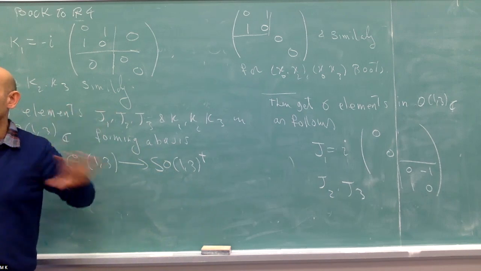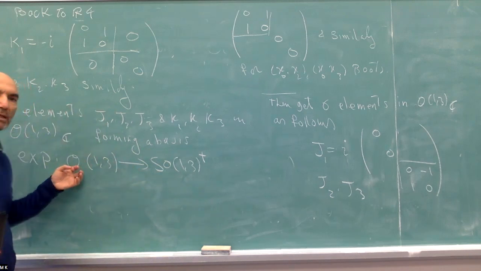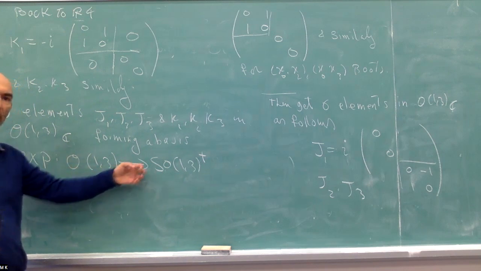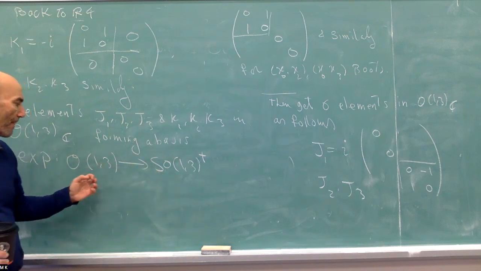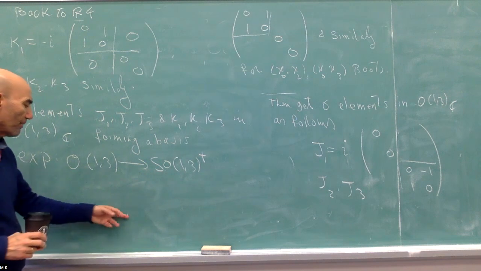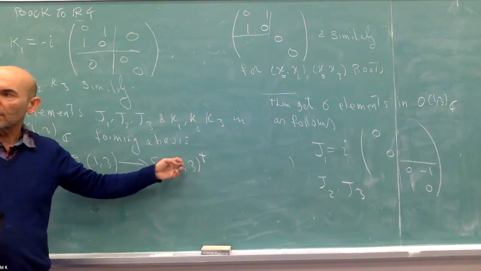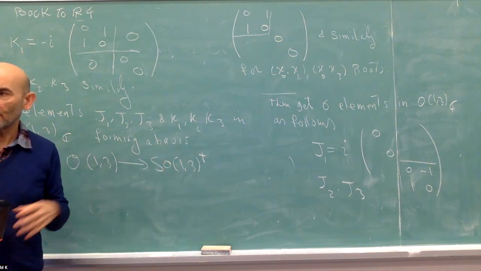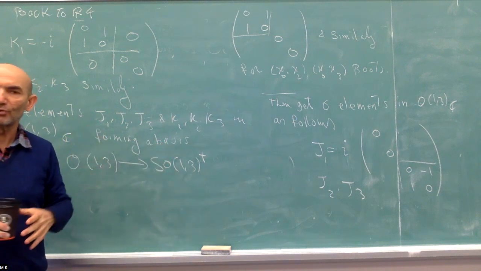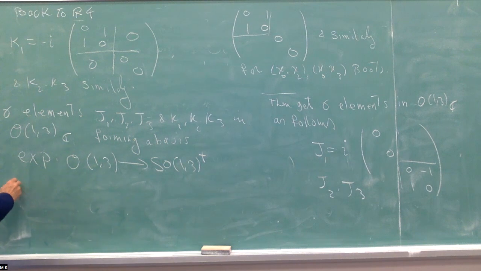It is missing other components because this space is just a vector space and is connected, so its image is going to be connected. One of the nice things about this Lorentz group is that the exponential map is actually surjective. This needs a proof. It's not obvious, but it is true.